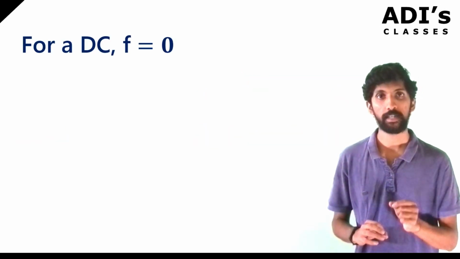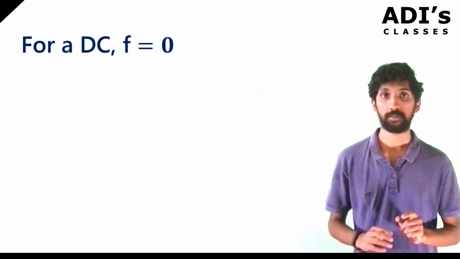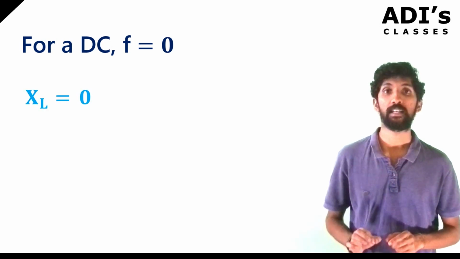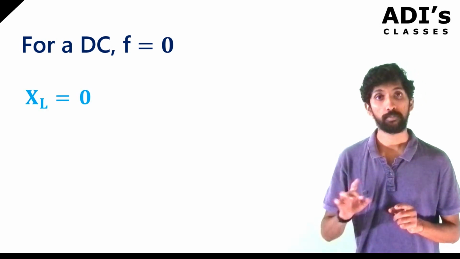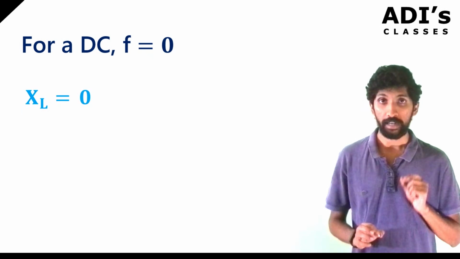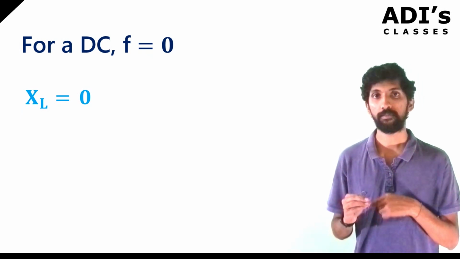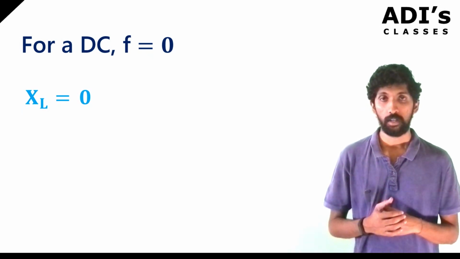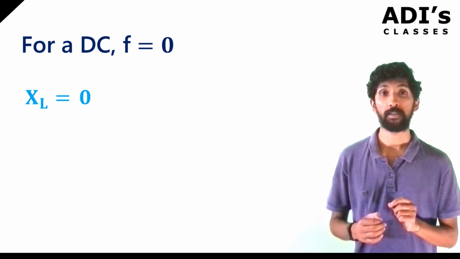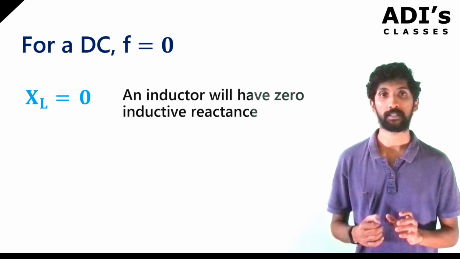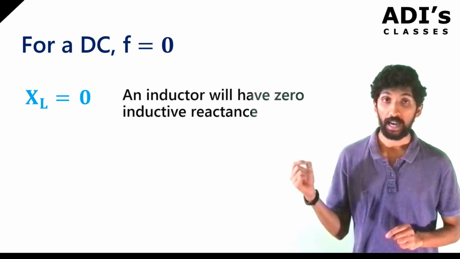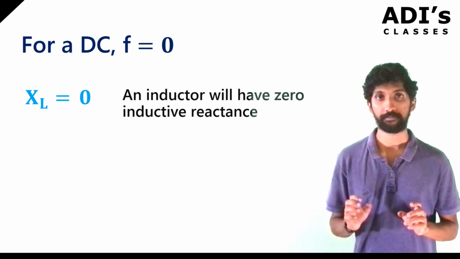Now see, suppose, let's say I pass a direct current. For a direct current, the frequency is 0. So XL becomes 0, that is 2 pi FL, meaning an inductor is basically a coil, so an inductor will have 0 inductive reactance. That means it acts like a straight wire.